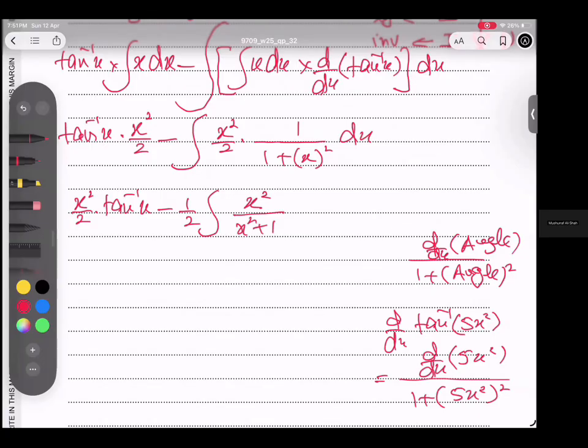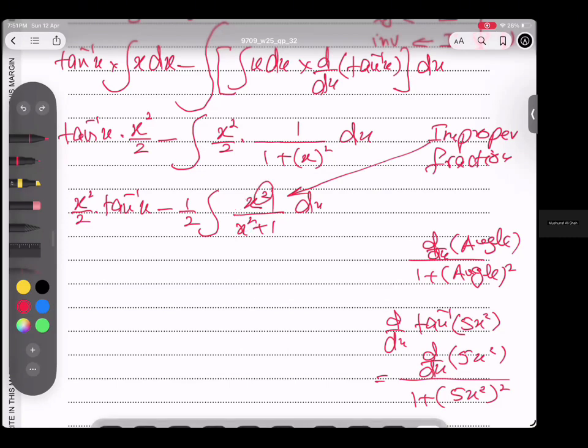The same thing. But student, if the upper power and down power are equal, this is called an improper fraction. What is the definition? If the upper power is bigger than the lower power or even equal, it is improper. But basically, we need this power to be smaller.